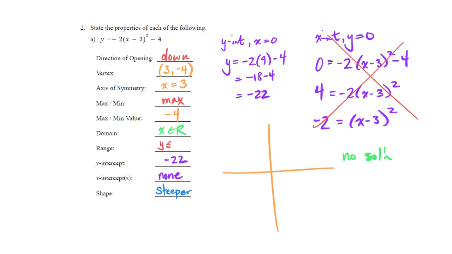Well, if I go and put on my vertex, which was at 3, -4, let's say it's there, and now I examine my direction of opening, I'm opening down, we should be good to see, without any other details on that picture, that that parabola is never going to hit the x-axis. So I can tell just between vertex and direction of opening whether I even need to look for x-intercepts.